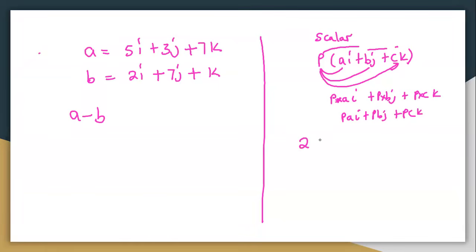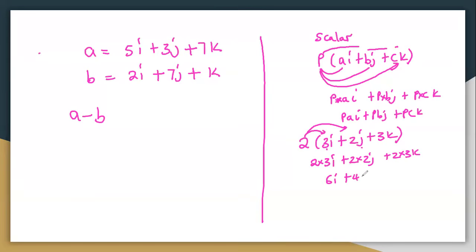In case I have 2 times the vector 3i plus 2j plus 3k. These 2 outside will multiply everything inside, individually multiplying the i, the j, and then the k. So in other words, you have 2 times 3 of i plus 2 times 2 of j, plus 2 times 3 of k. And then you end up with 6i plus 4j plus 6k. That is the impact of the scalar.